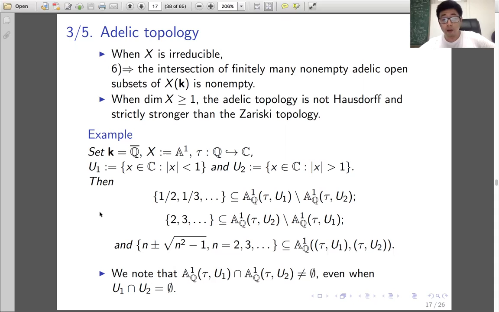It is contained in the intersection of the adelic subsets associated to U_1 and to U_2. So we note that even though the intersection of U_1 and U_2 is empty, the intersection of the adelic subsets associated to them is not empty.